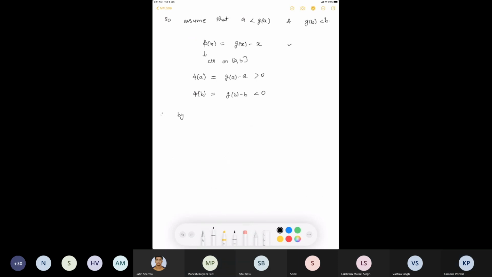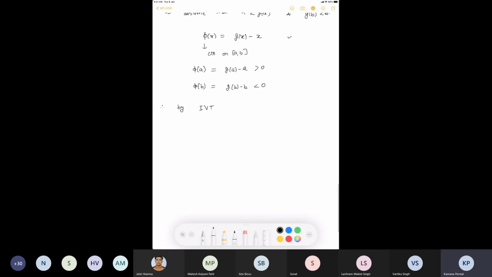Therefore, by the intermediate value theorem. I've used this notation before, IVT for the intermediate value theorem, so I hope you are familiar with it. There must exist a root of phi(x) in the interval [a, b].